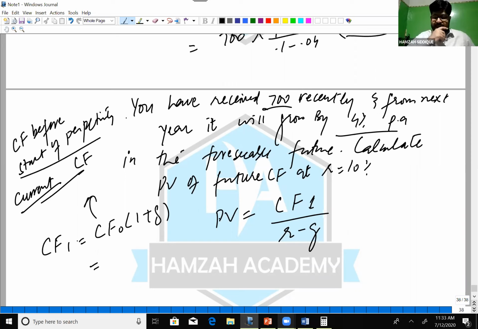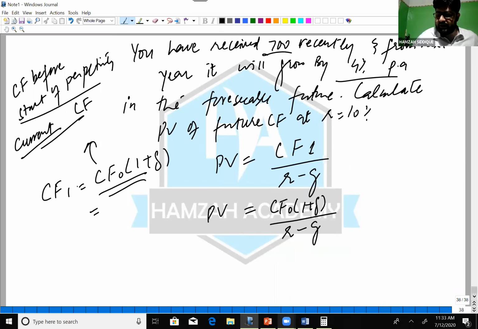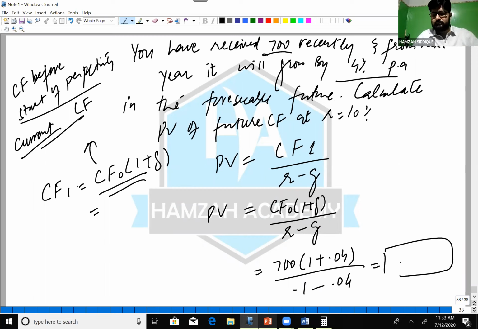Both names. G is the growth rate. So the formula becomes CF naught into 1 plus G over R minus G. So 700 into 1 plus 0.04 over 0.1 minus 0.04 is the present value.